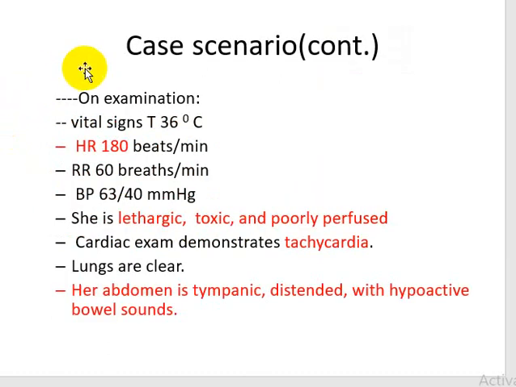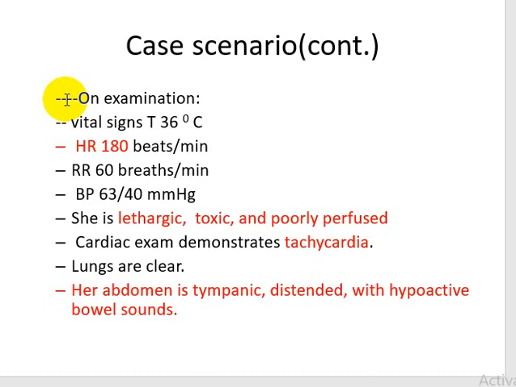On examination of this neonate, temperature 36 degrees centigrade, the heart rate is 180 beats per minute, the respiratory rate is 60 breaths per minute, blood pressure 63/40 millimeters of mercury.